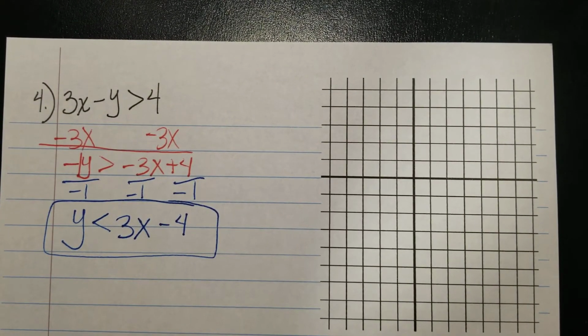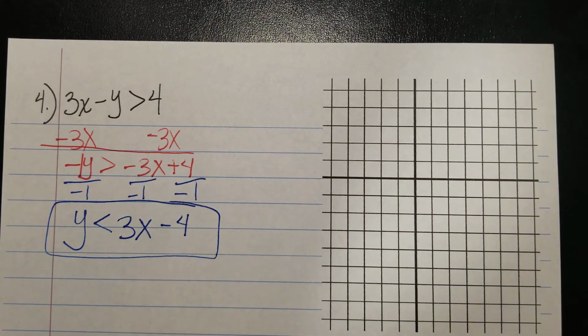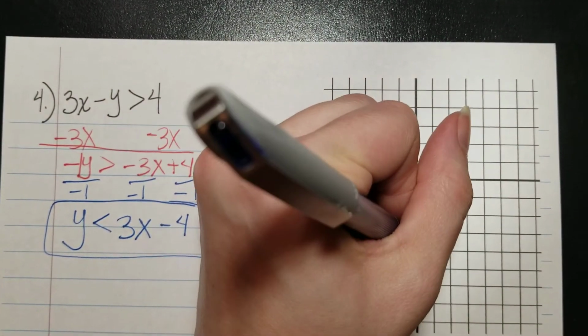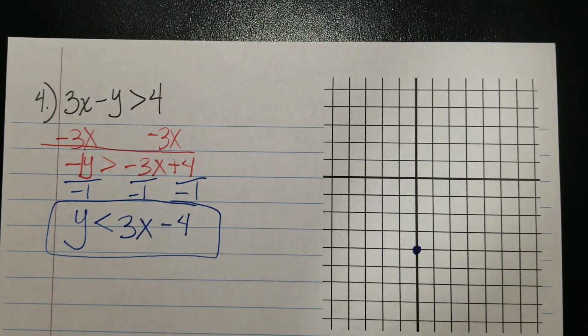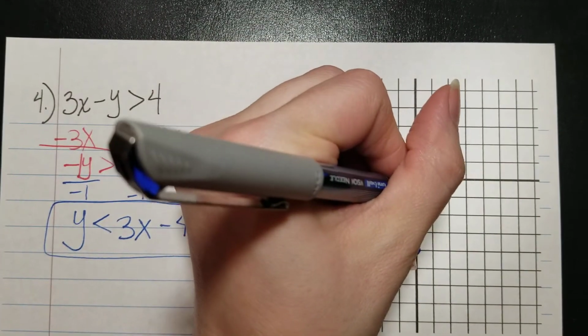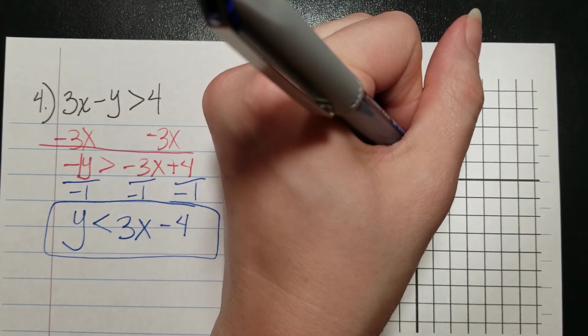All righty, let's see here. I can see that the y-intercept is -4. Then the slope is 3, so I can go up 3 over 1, and do that some more.